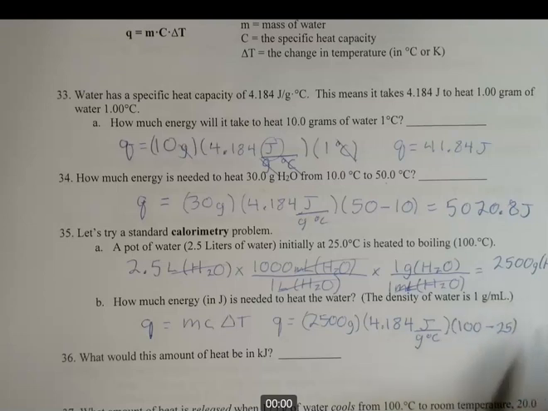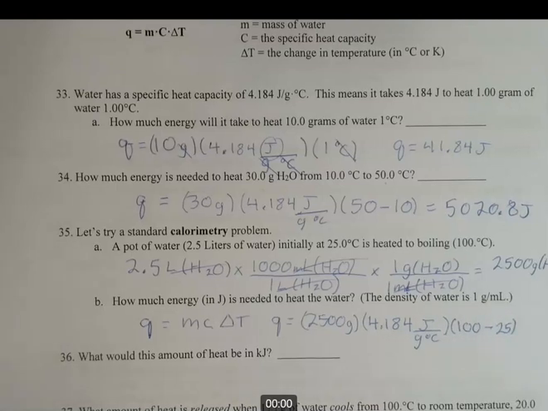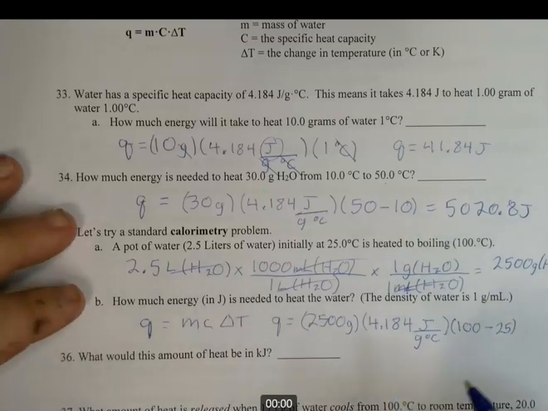That means the heat is going into the water, and that's what would cause temperature to go up. All right, so that becomes 75. So now you just multiply through all of those numbers, and that's going to be 784,500 joules.